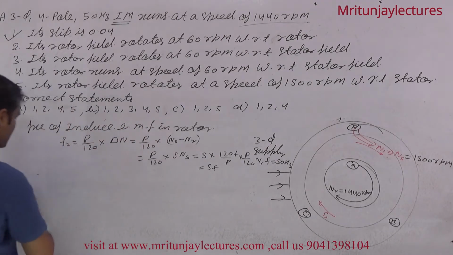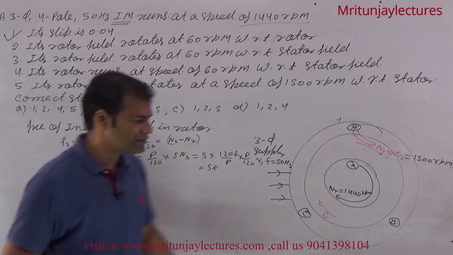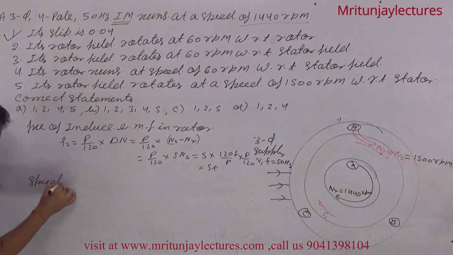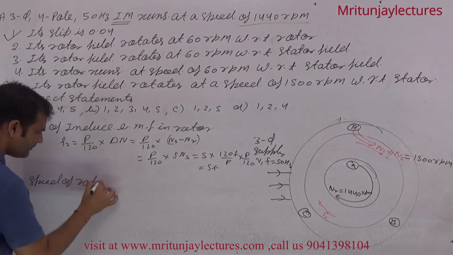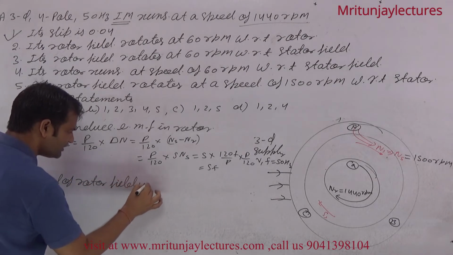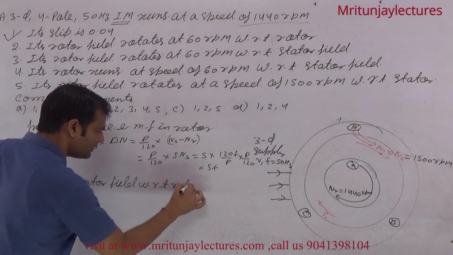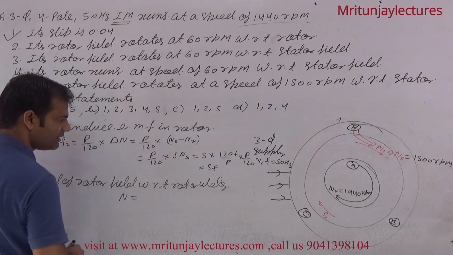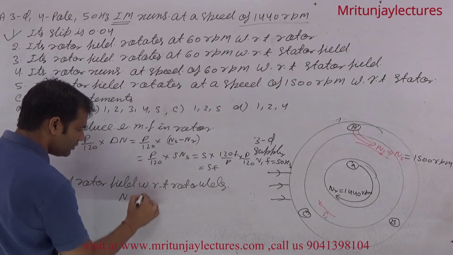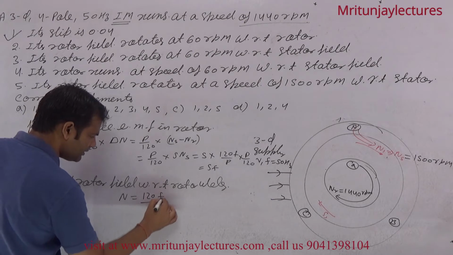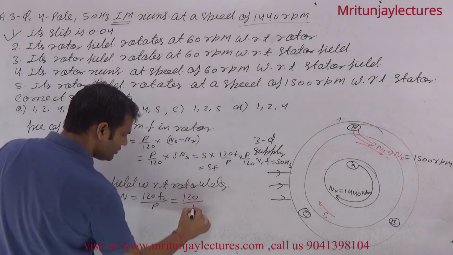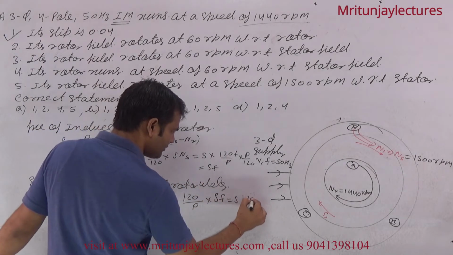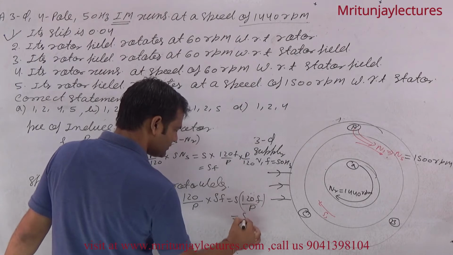So the speed of the rotor field with respect to the rotor winding, that is N2, is written as 120 F2 by P, where F2 is S into F. It is also written as S into 120 F by P, that is S into Ns.